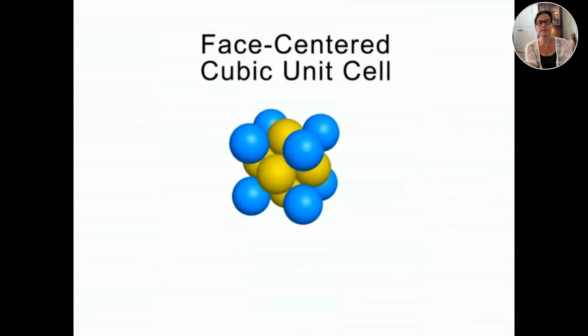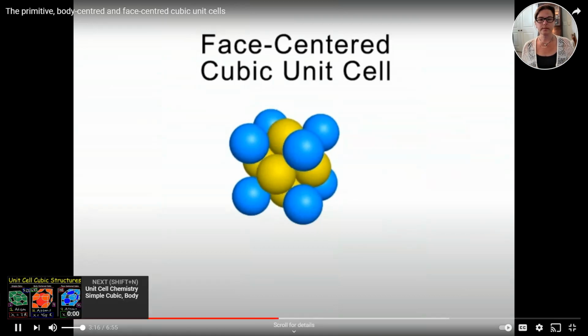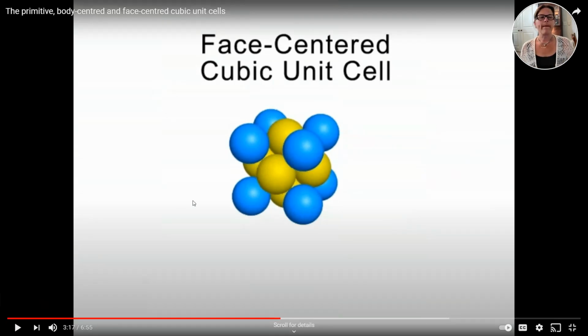The corner particles don't touch each other, but each corner does touch a particle in the face. When we're talking about the face, if you can imagine an actual cube, the blue ones would be in the corners of that cube. Again, imagine a Rubik's Cube, right?